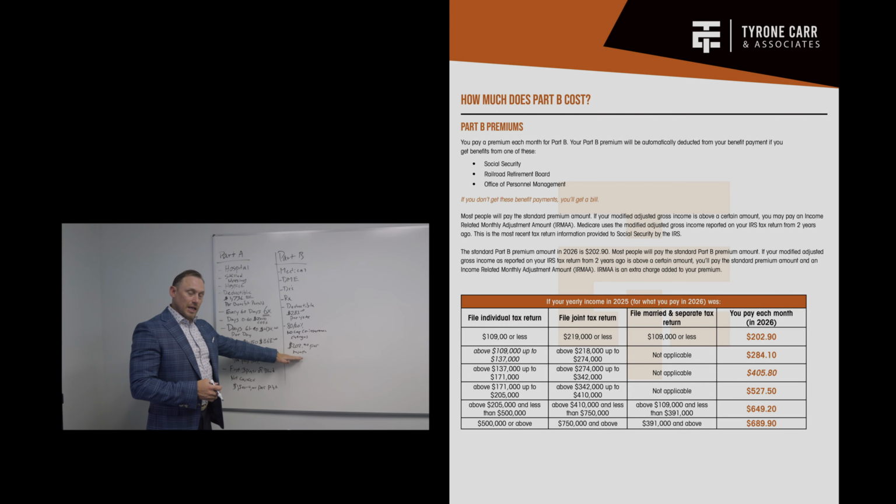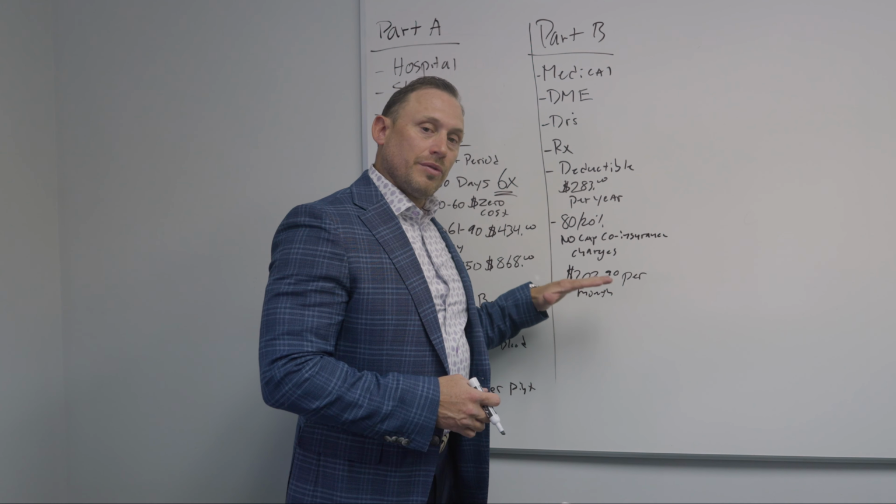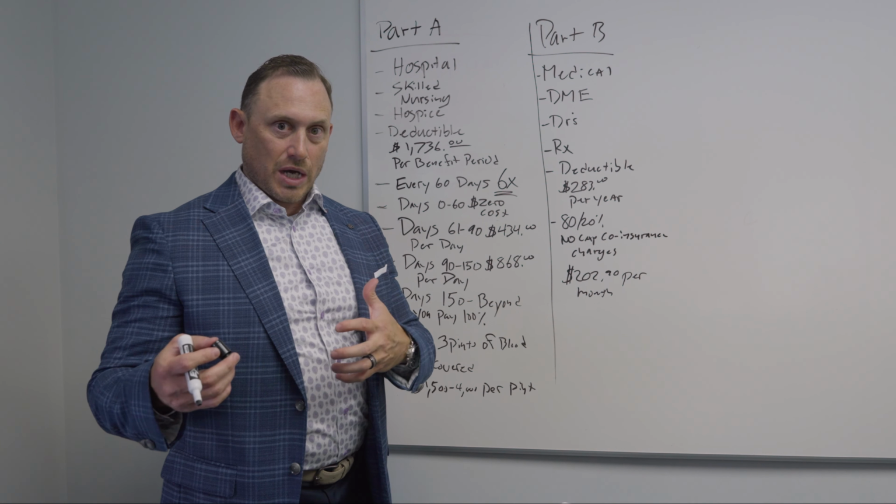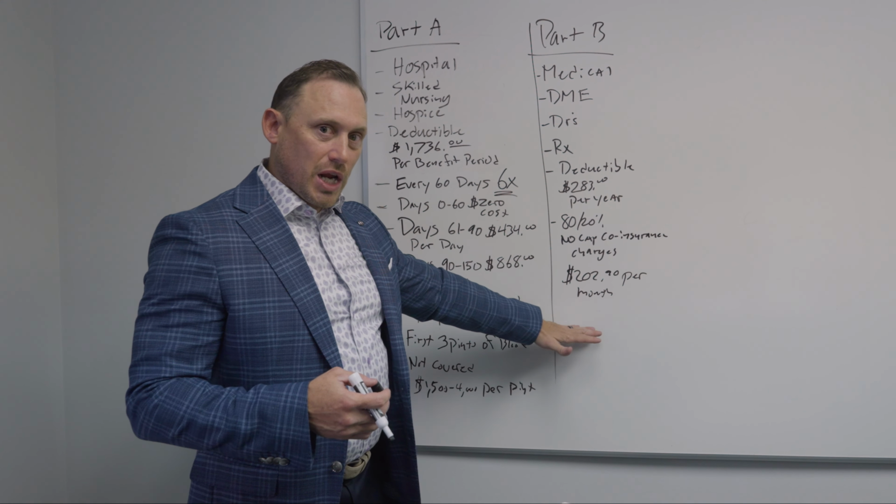If you're single, your adjusted gross income is $109,000, and then it would be $202.90 on a per monthly basis.